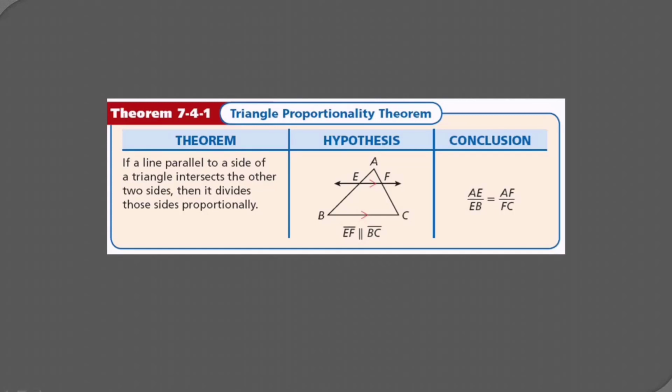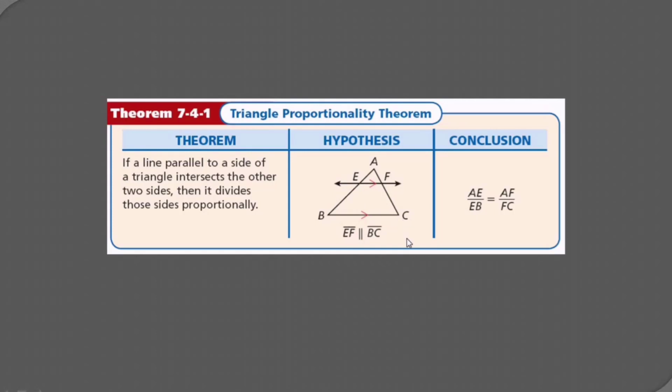So when I have a line parallel to one side of a triangle and it cuts the other two sides at two different points, EF parallel to BC cuts AB at E and AC at F. This line divides those sides proportionally, which means AE over EB equal AF over FC, and this must be when EF is parallel to BC.